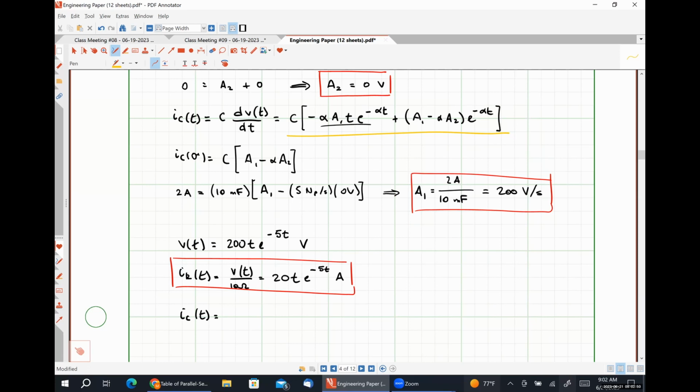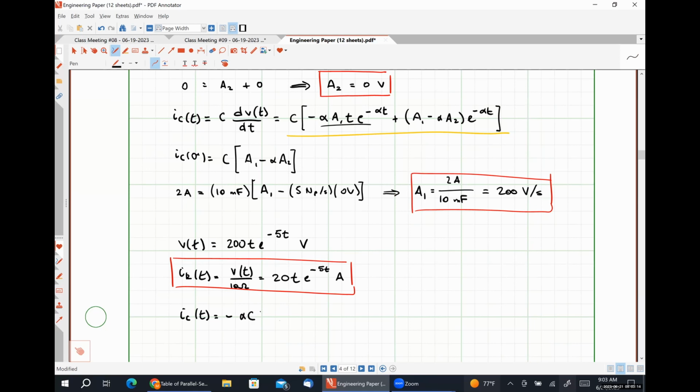So my first coefficient is going to be C. Actually, let me write this out. Times negative alpha A1 T. I'm going to rearrange this slightly.